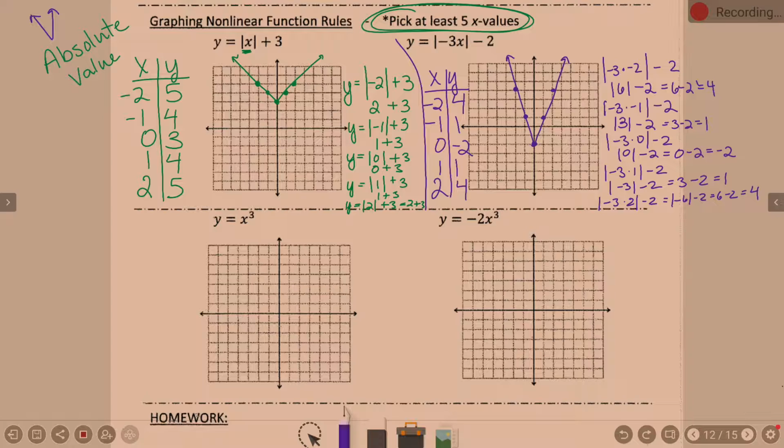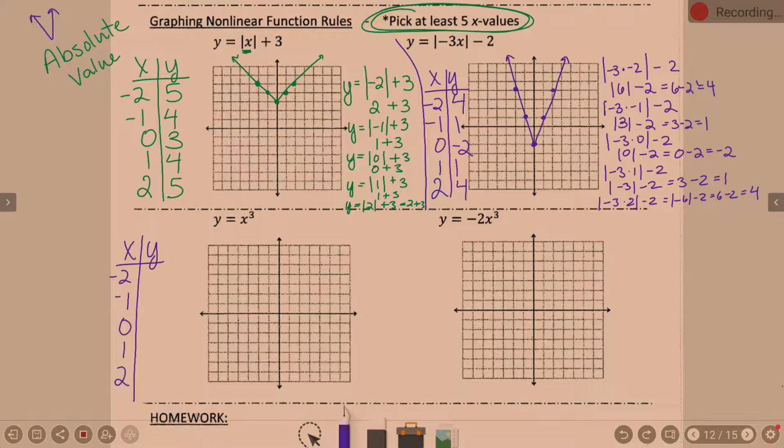So I still want you to pick 5 values. What 5 values do I want? I keep with the traditionals. So negative 2, negative 1, 0, 1, 2.